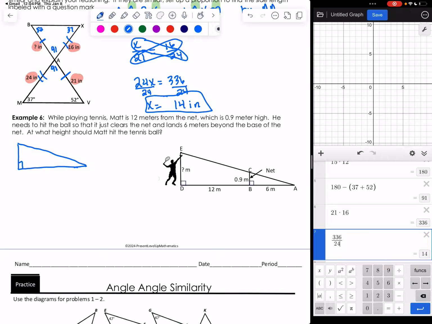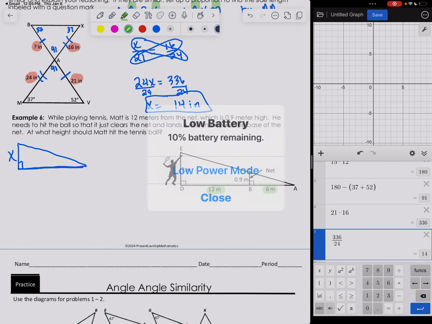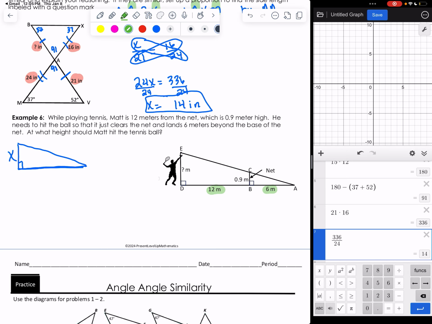Okay, so this is my right angle. We didn't know this height, but we know this bottom length would have to be the sum of this plus this. So 12 plus 6 gives us 18. So I know this is 18, okay? Now I have a smaller triangle that's nested inside this big triangle, which is where the net is.